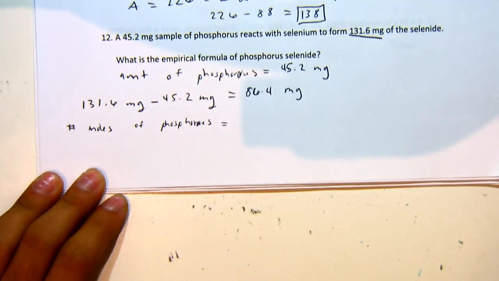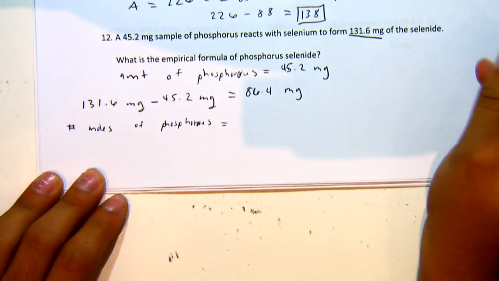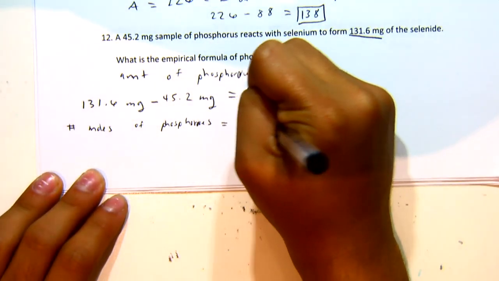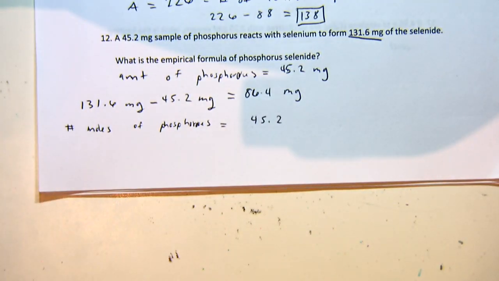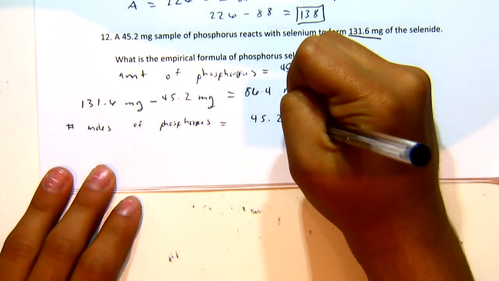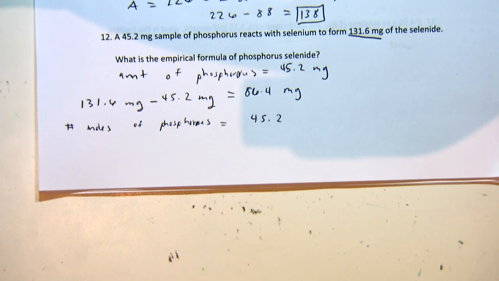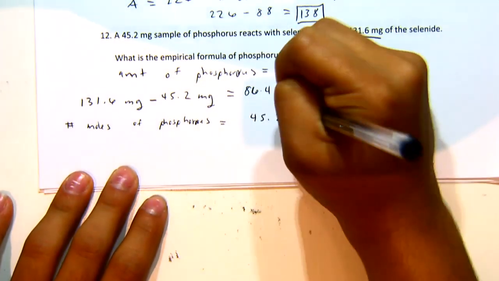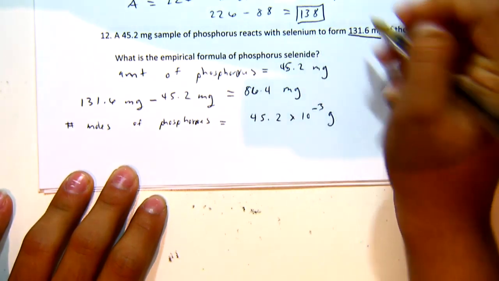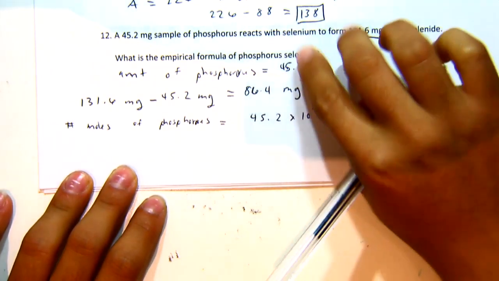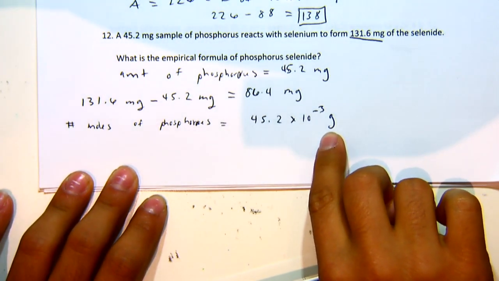So to find the number of moles, we're going to use 45.2, and actually you still do have to do it. What I meant is, if you're really comfortable with converting, rather than doing a whole second step, you could just do times 10 to the negative 3 grams rather than sitting there and converting it. Does everyone see how that is the same as doing a conversion? Okay.